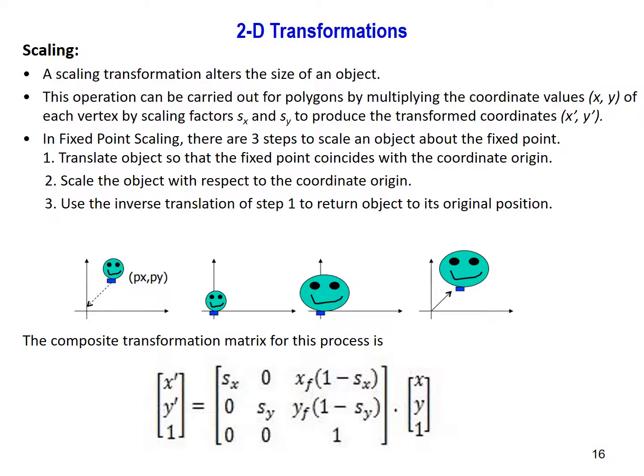Firstly, translate the object so that the fixed point coincides with the coordinate origin, then scale the object with respect to the coordinate origin, and then use the inverse translation of step 1 to return the object to its original position. The composite transformation matrix for this process is sx, 0, xf into 1 minus sx, 0, sy, yf into 1 minus sy, 0, 0, 1, into x, y, 1.